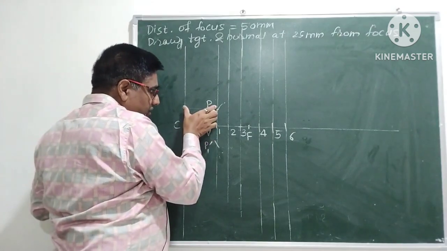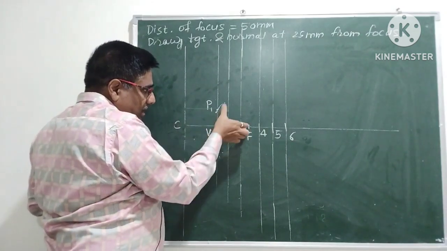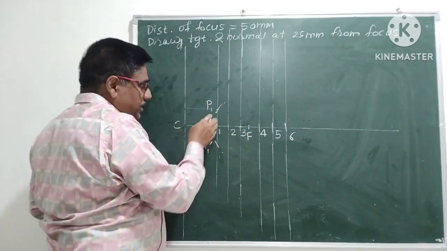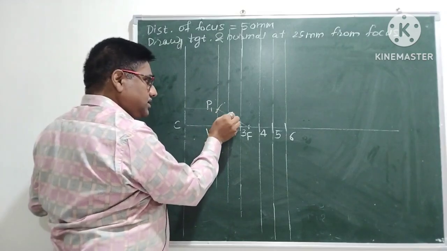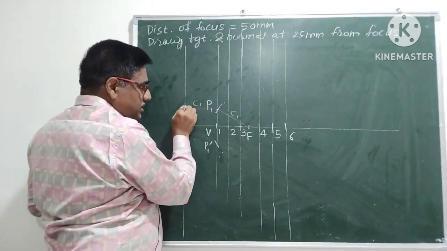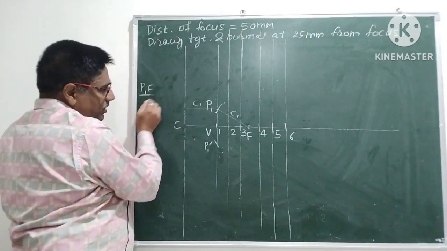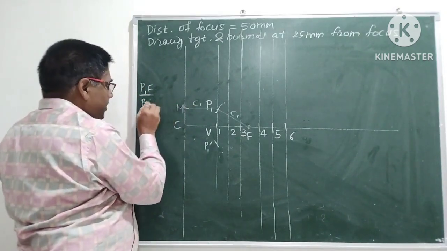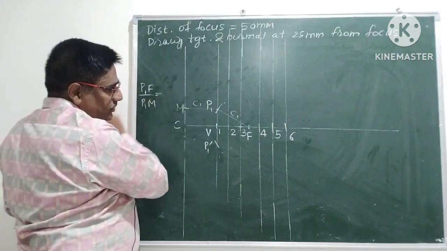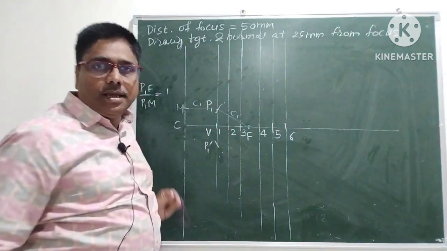These two distances are equal. If we join this point to the focus, this distance is C1, and the distance to the directrix is also C1. Therefore P1F upon P1M, where M is the foot on the directrix, is equal to 1, because these two distances are equal.